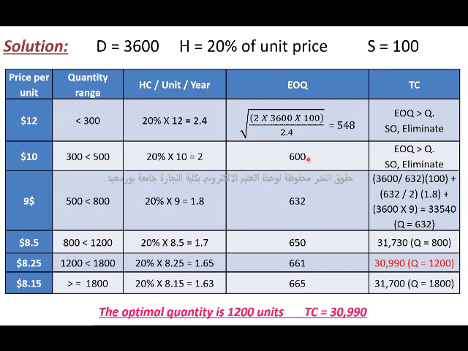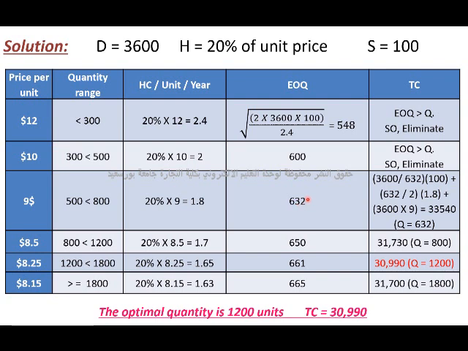If you ask him to buy 600 with $10, he will refuse because $10 is from 300 to 500. 632 he will accept because he said $9 with the quantity from 500 to 800.